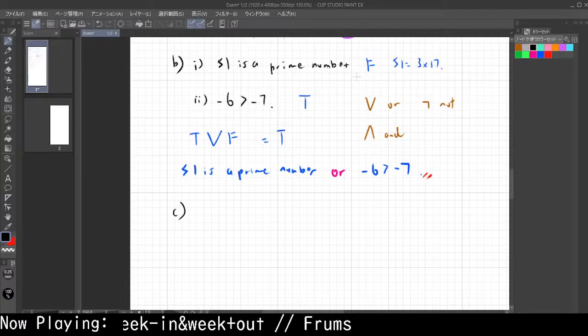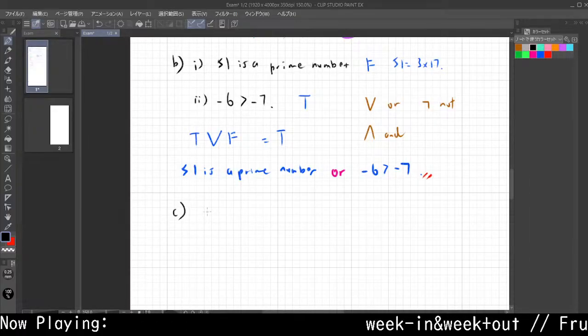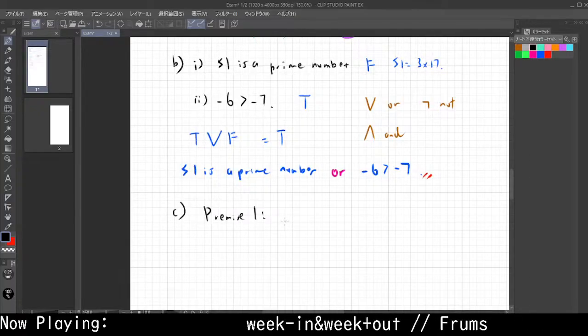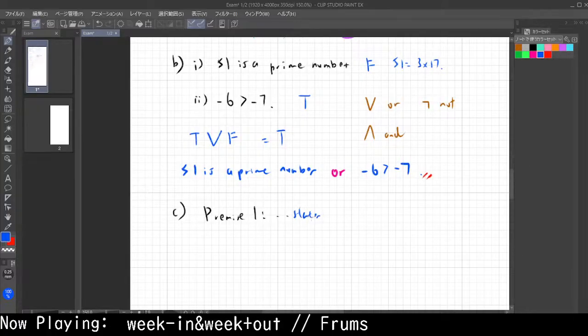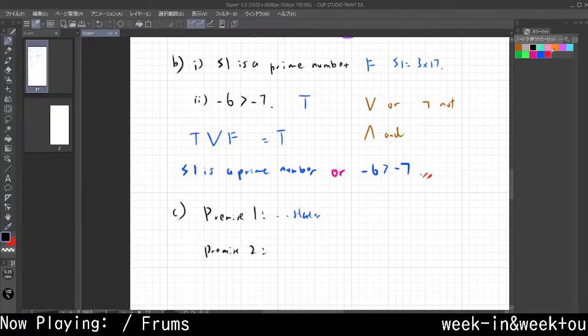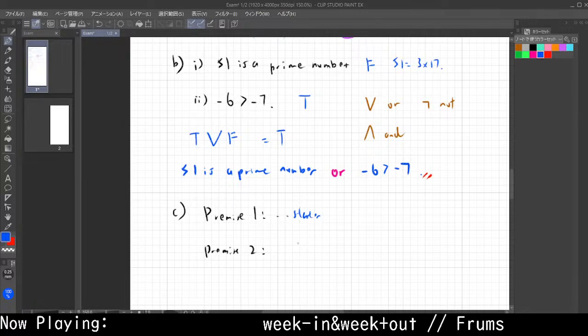Right, premise. So premise 1, all quadrilaterals are polygons. Premise 2, blank. Conclusion, a rectangle is a polygon. So usually, your premise 1 will be your starting point. This is your starter. Then your premise 2 will usually be a condition that it will bring from the starter.